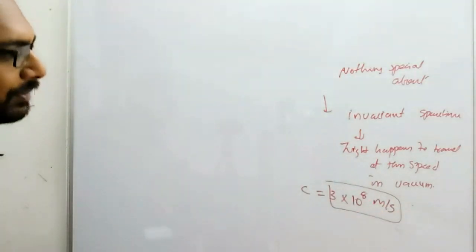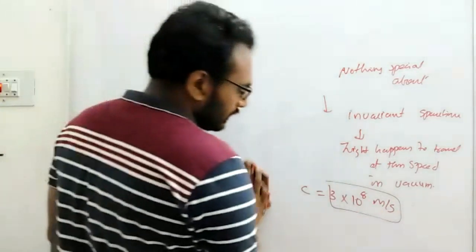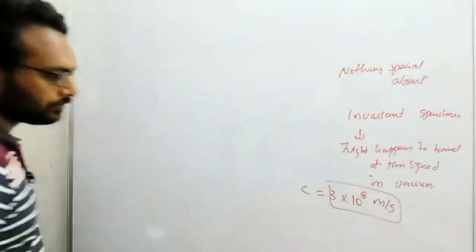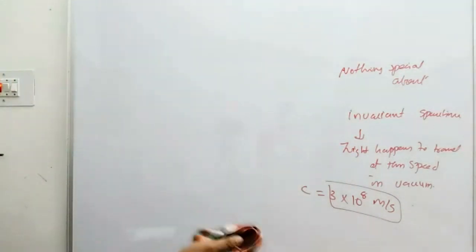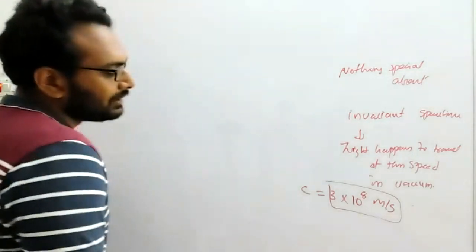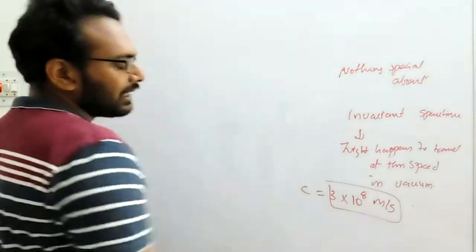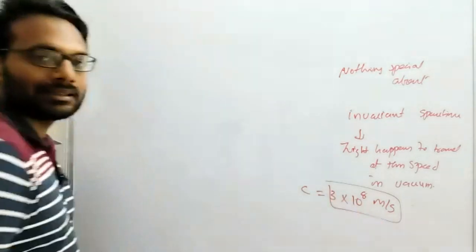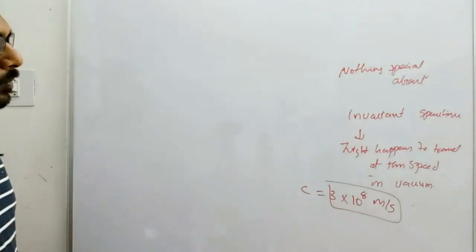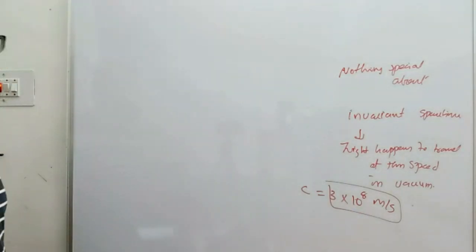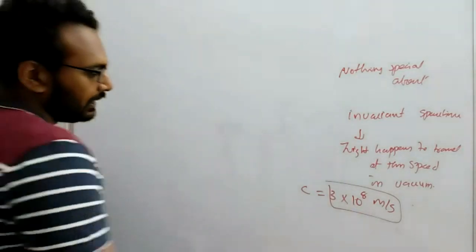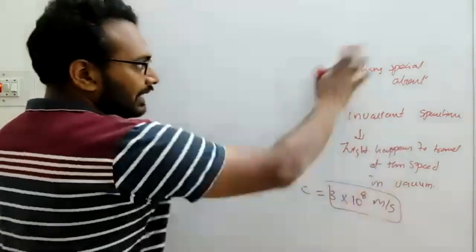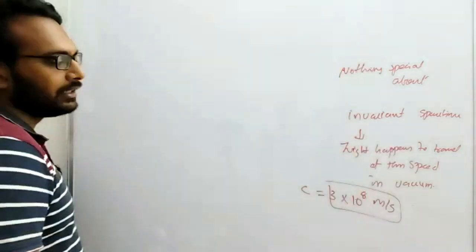So this helped us to understand the geometry of space-time. You have to remember that in a medium, light travels at a lower speed because of the refractive index. But even then, the same equations of special theory of relativity will be valid.